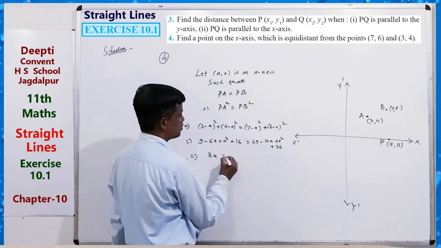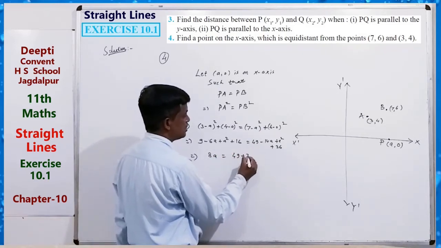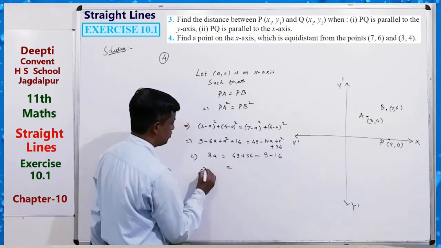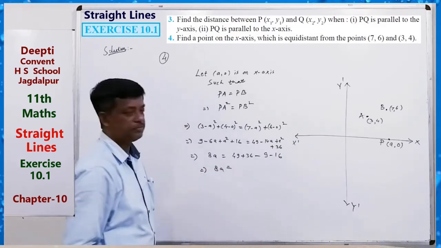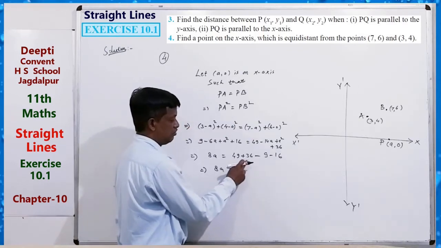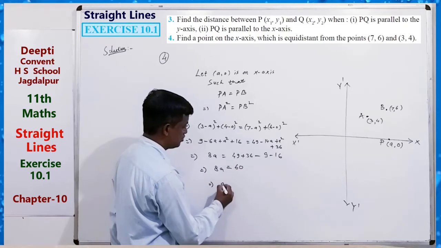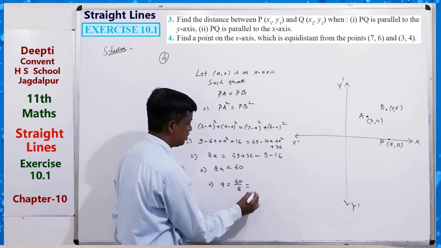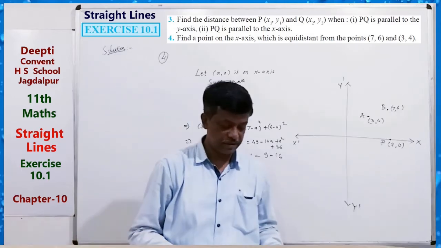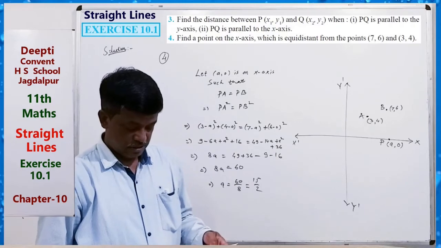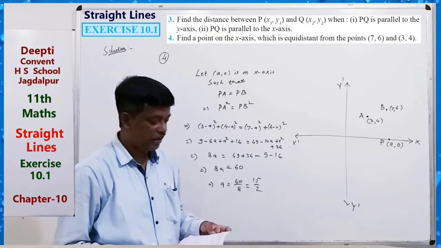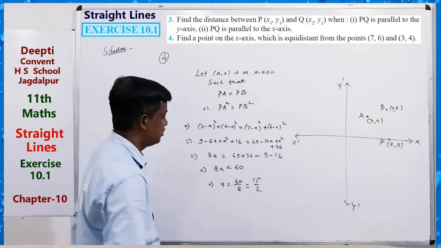Now the right side is 49 plus 36 minus 9 minus 16. So 8a equals 60, so a equals 60 by 8, which is 15 by 2. A equals 15 by 2 is the required value of a.